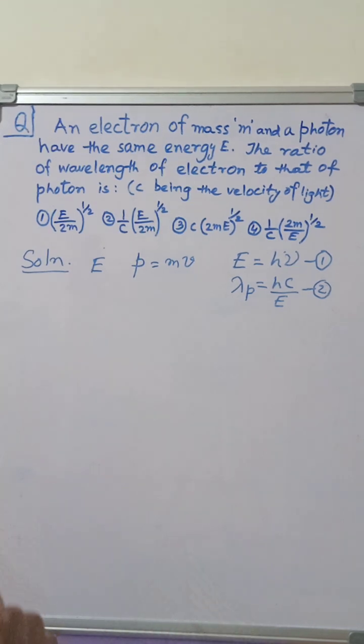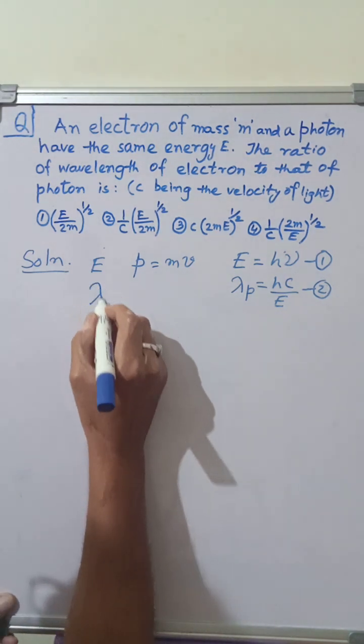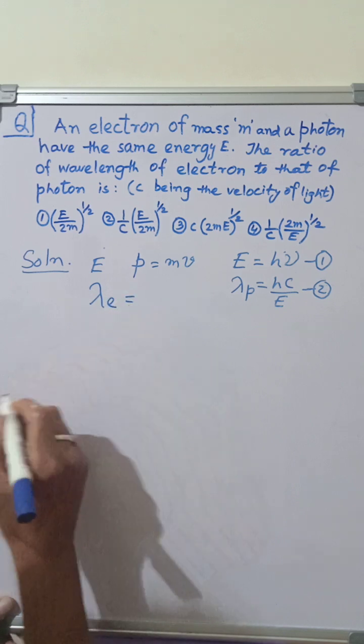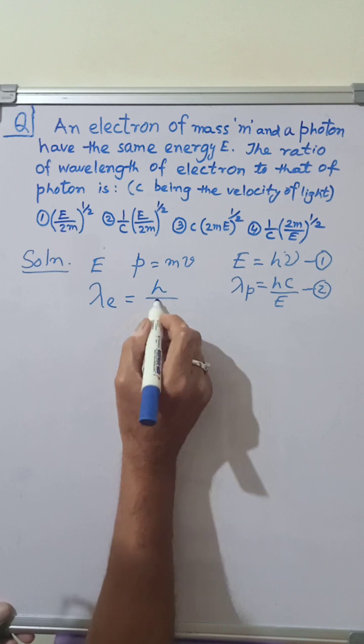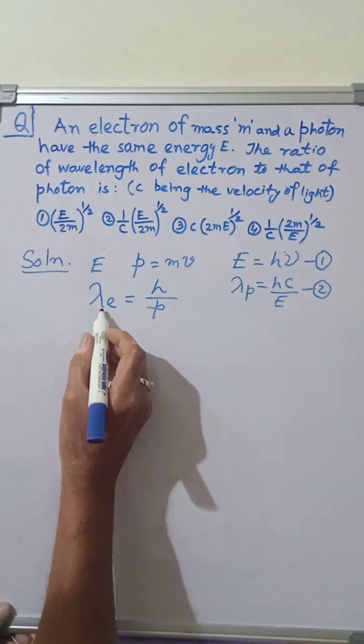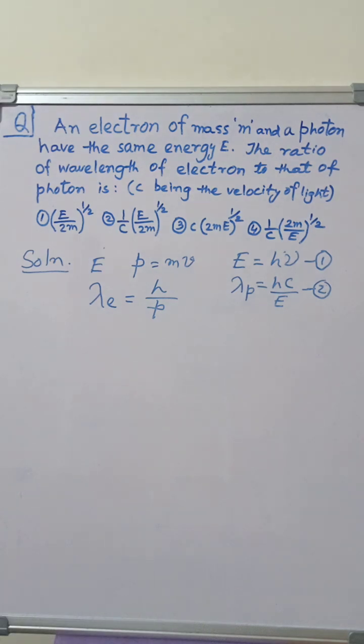Now the de Broglie wavelength associated with the electron, which has got momentum p, is given by lambda E is equal to h by p. This is the de Broglie's formula for wavelength of any particle.